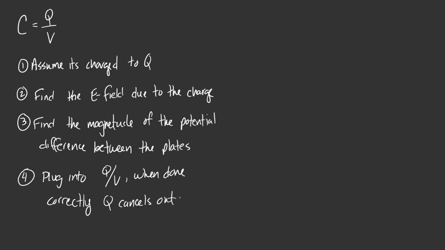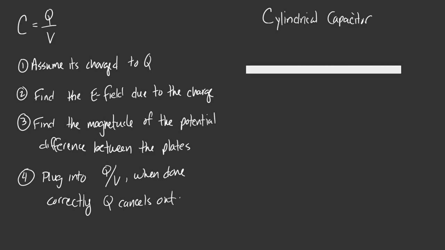So we're going to do right now the cylindrical capacitor. Now, it's hard to draw this, so I'm going to do my best here. But remember that if we're dealing with a cylindrical capacitor, there's going to be the inner core shell, which doesn't have zero thickness.